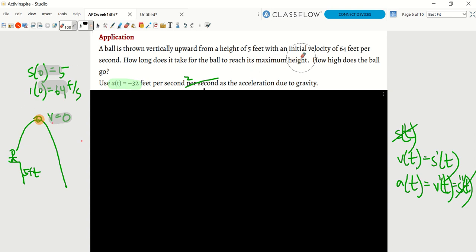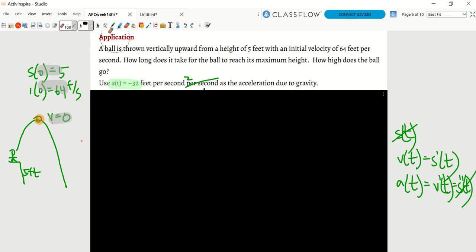Now, I want you to recall that from October, the derivative of the position function is the velocity function, and the derivative of the velocity function is the acceleration function. And also the second derivative of the position function is the acceleration function.